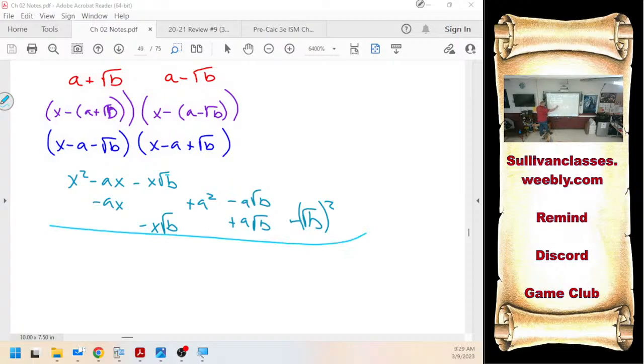See the same stuff? This term cancels out, this term cancels out. I still have x squared minus 2ax. I'm still going to have a squared, but now there isn't an i squared at the end to change my signs.